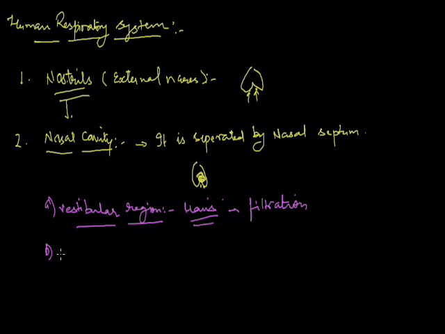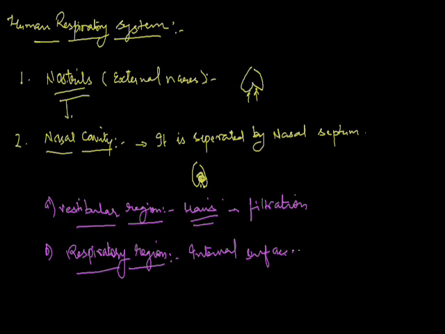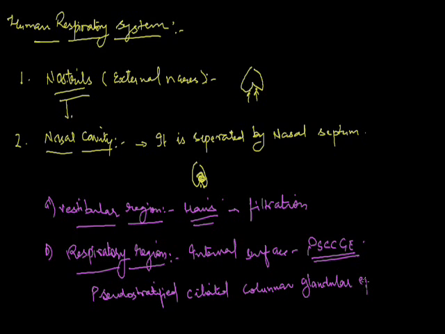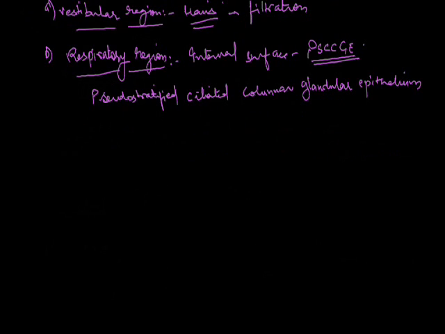Next part is the respiratory region. Here the internal surface of this respiratory region is made of pseudostratified ciliated columnar glandular epithelium, where the mucous glands are present, which actually secrete the mucus.